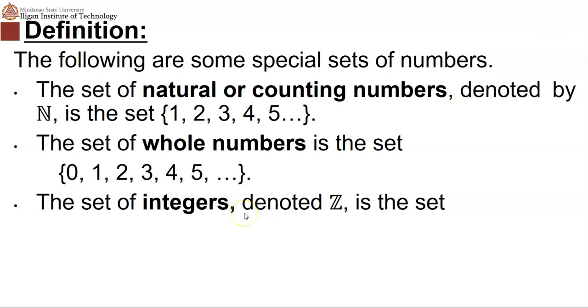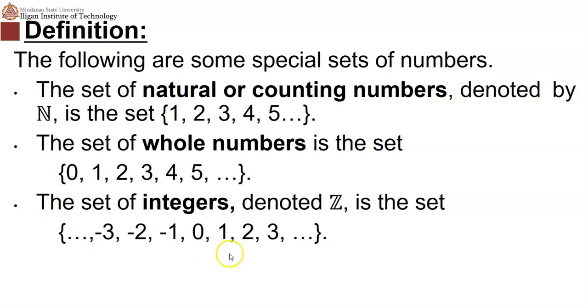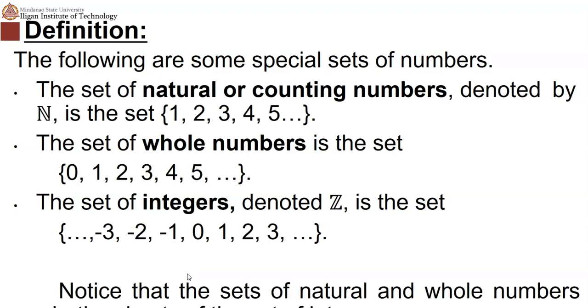So we have -3, -2, -1, then your 0 is included, then you have 1, 2, 3, and down the line. Notice that the sets of natural and whole numbers are both subsets of the set of integers.